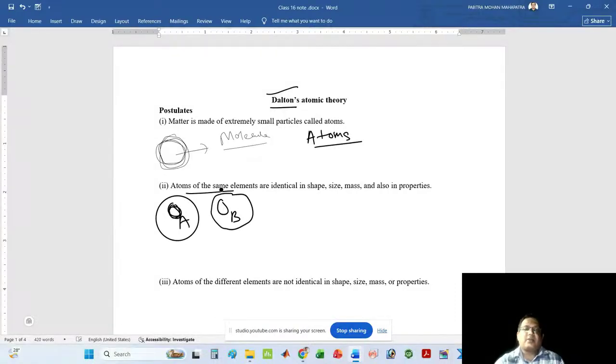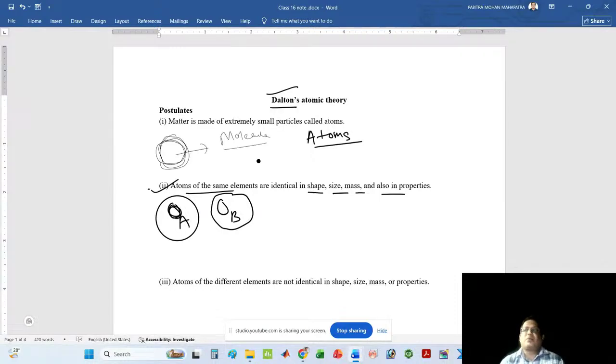If you take atoms of the same element, then obviously they are the same in shape, size, mass, and also in chemical and physical properties according to Dalton's atomic theory.